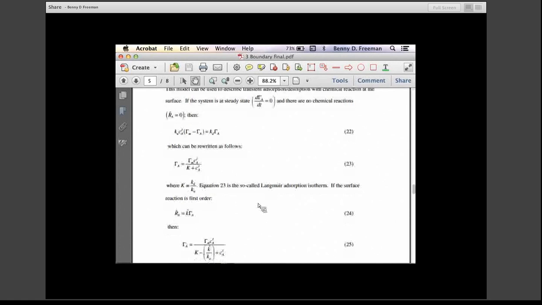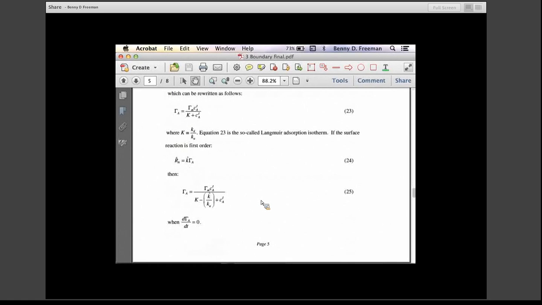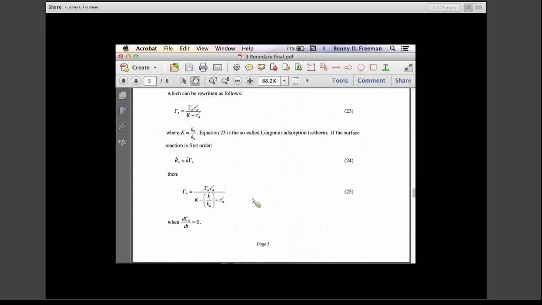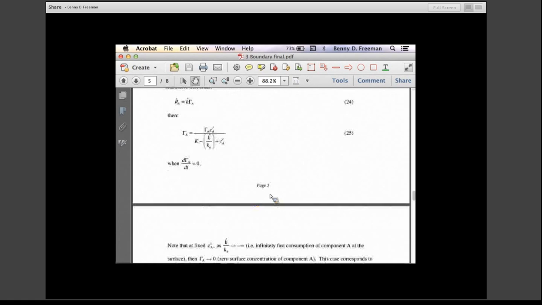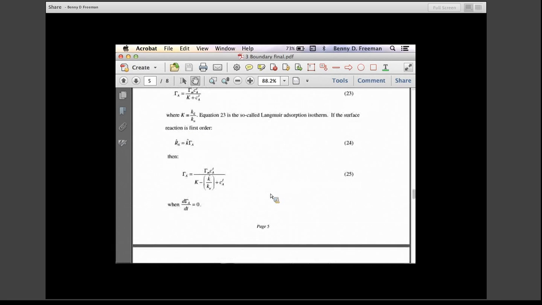And so this gives us a way to rationally derive boundary conditions and equilibrium partitioning conditions for components between one phase and adsorbed onto a surface. And so with that, I think this is a good place to stop and wrap it up for today.